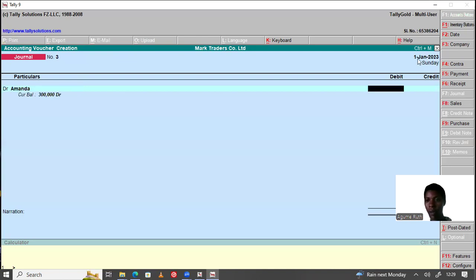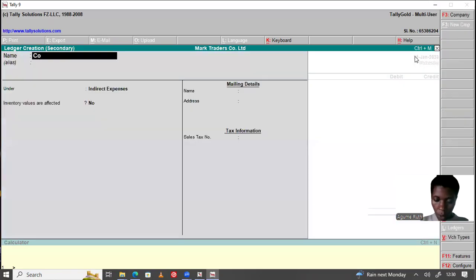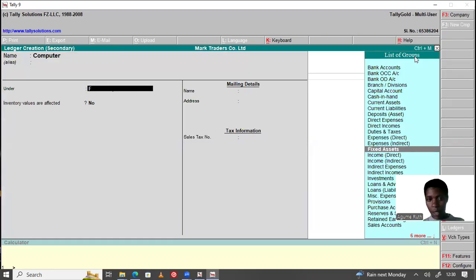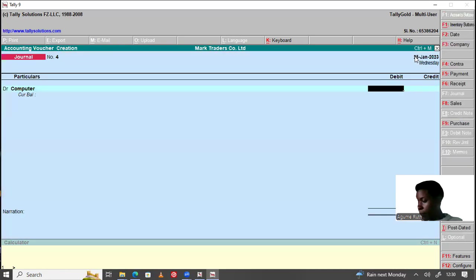Can use a journal to input. Then the date is, there is no date, but we can use the upper one of 25th January 2023. Then we create the computer, then we can say it is an asset for the business and it was bought at 2 million.